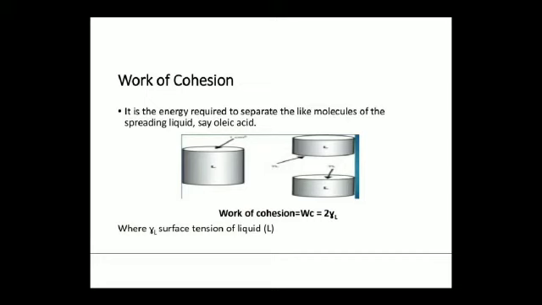While observing a hypothetical cylinder having a cross-sectional area of 1 square centimeter, it can be divided into two new surfaces. So work of cohesion WC is equal to 2γL. By the application of cohesive forces, the molecule can be divided into two new surfaces.